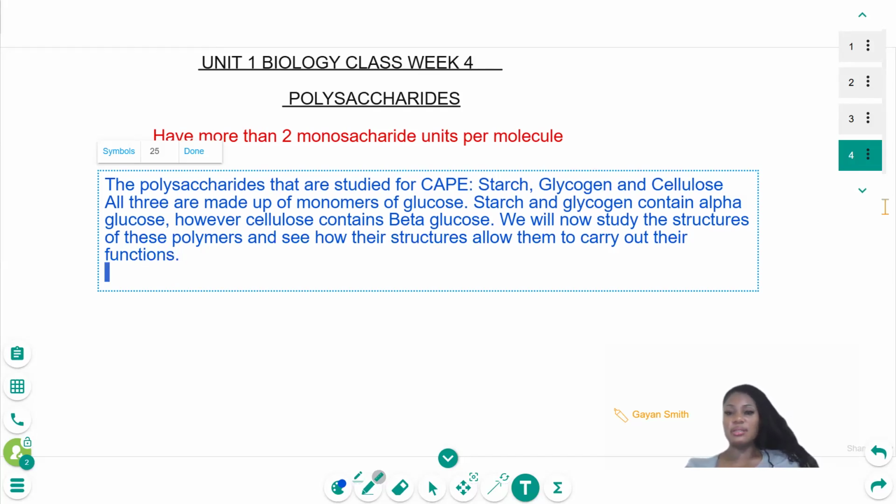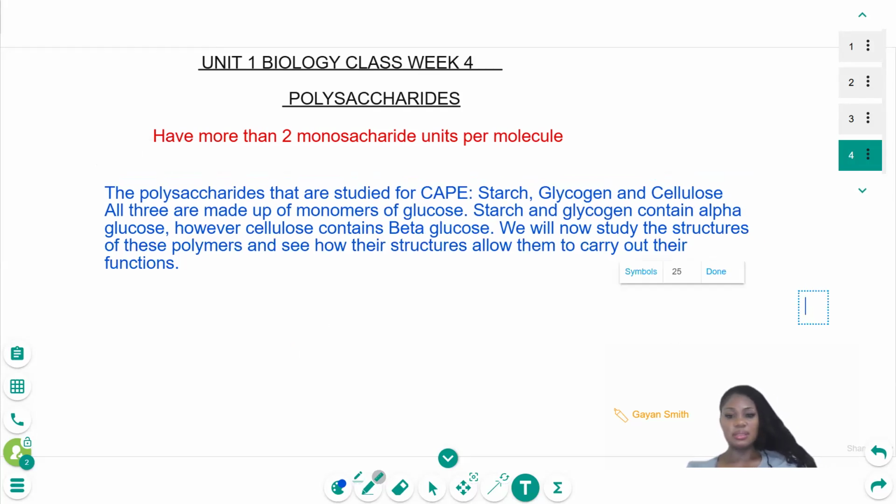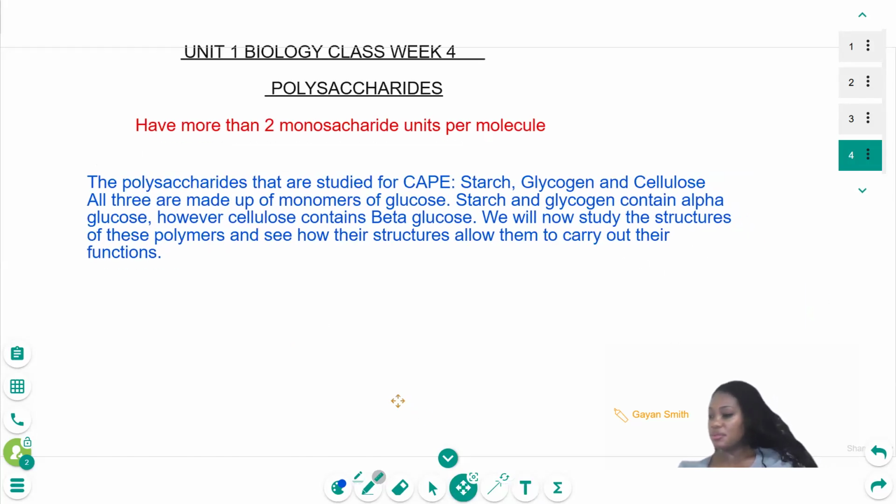All right, so guys, copy that. And I'm going to first let you know how the units are linked together. So for each polysaccharide, you need to know how the glucose units are linked in it. I'm just going to give you a summary of the linkages.